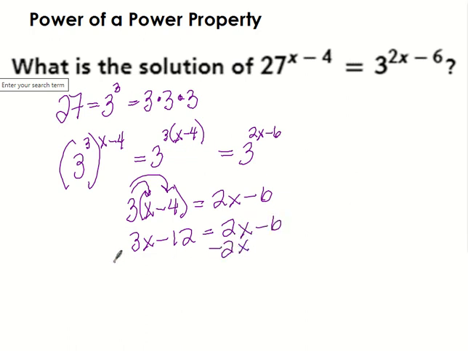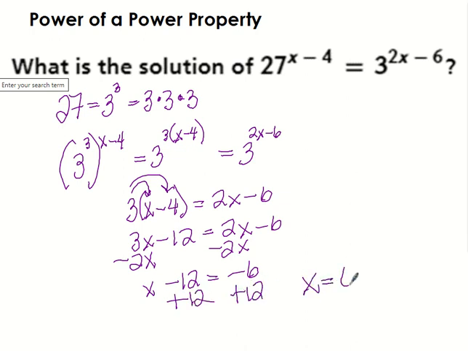I like to move my variables first. So x minus 12 equals negative 6. I don't want to lose that negative. I'm going to add 12 to both sides, and I get that x equals positive 6.